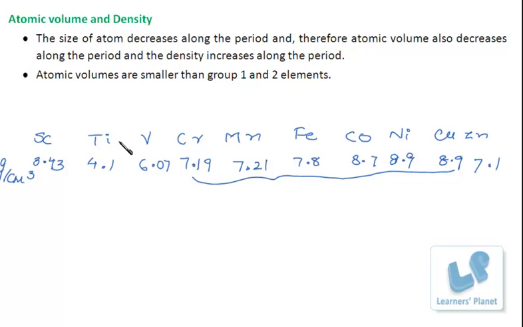The size decreases to some extent and becomes almost constant and then increases at zinc. So the size decreases, therefore the volume decreases, right? If the volume is decreasing, the density is increasing. And do remember, their volumes are smaller than the group 1 and group 2 elements. Now let's check out their melting points and boiling points.